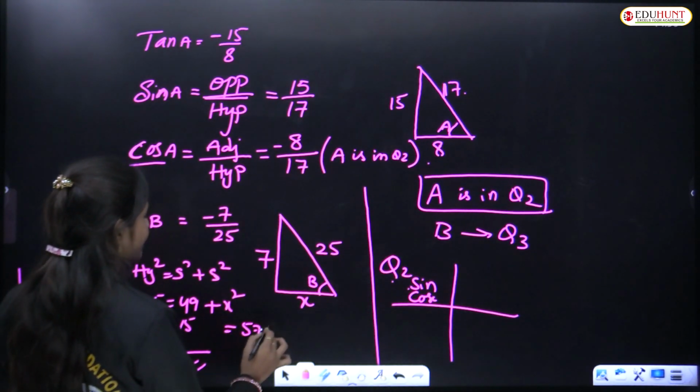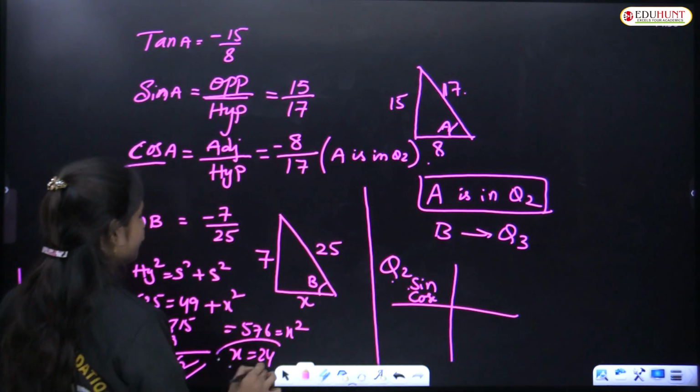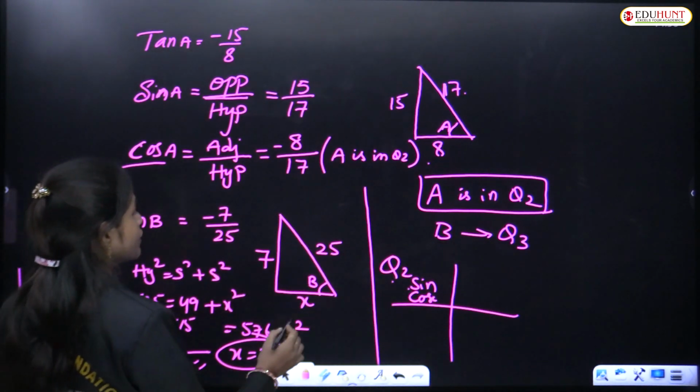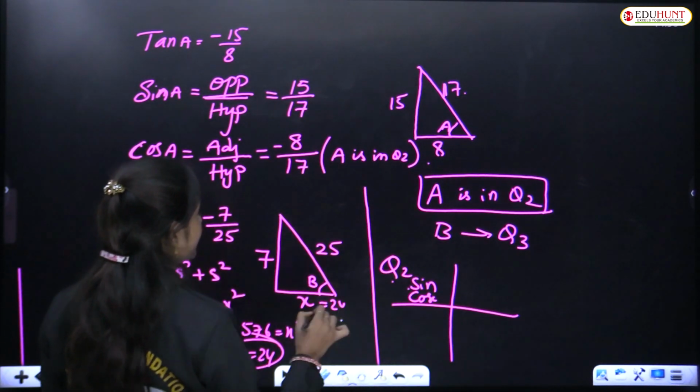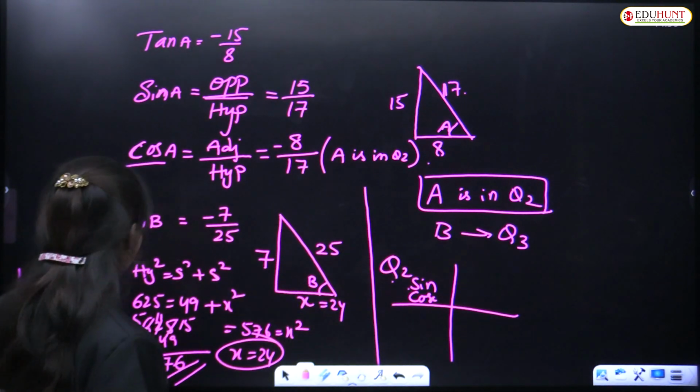So 576 is equal to x square. Then x is equal to 24. The square root of 576 is 24. So here this value is equal to 24. Clear?